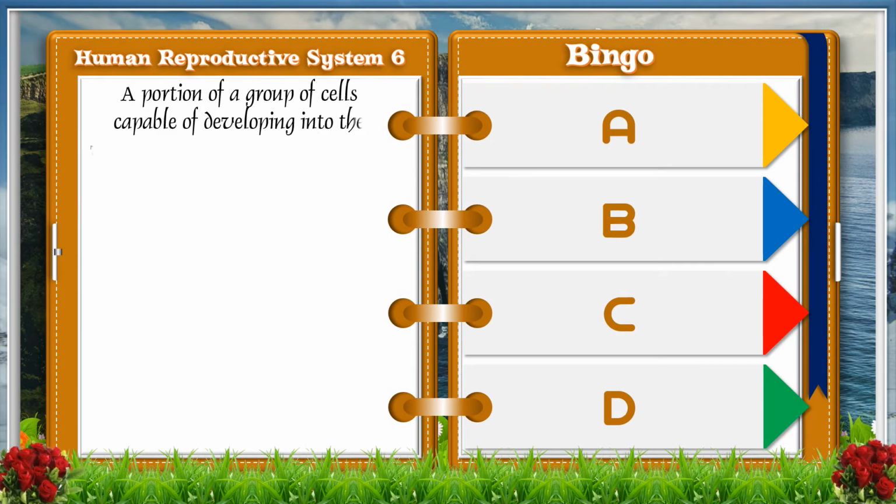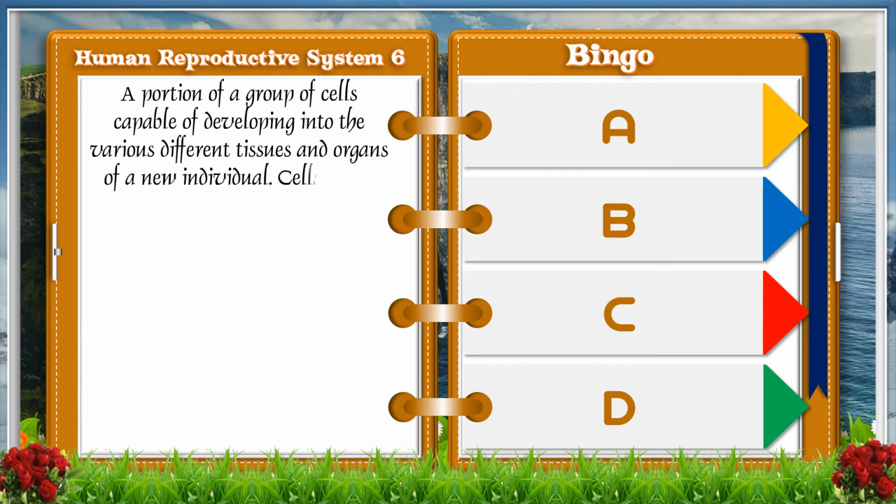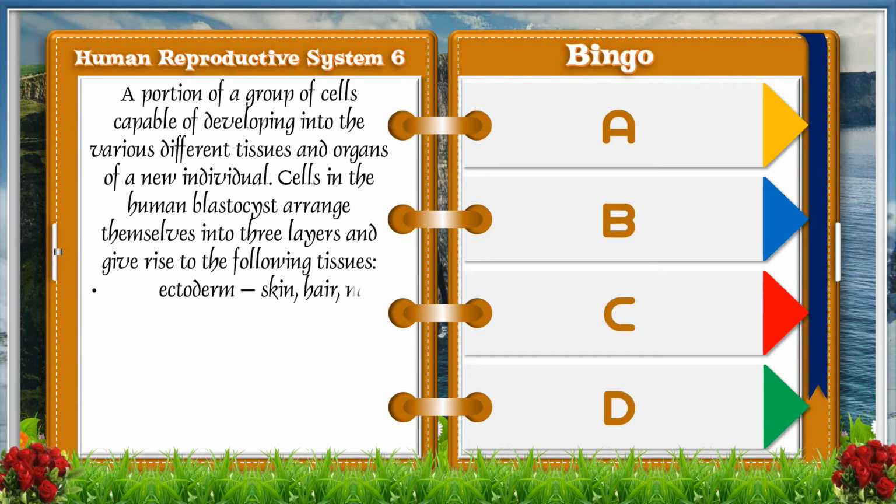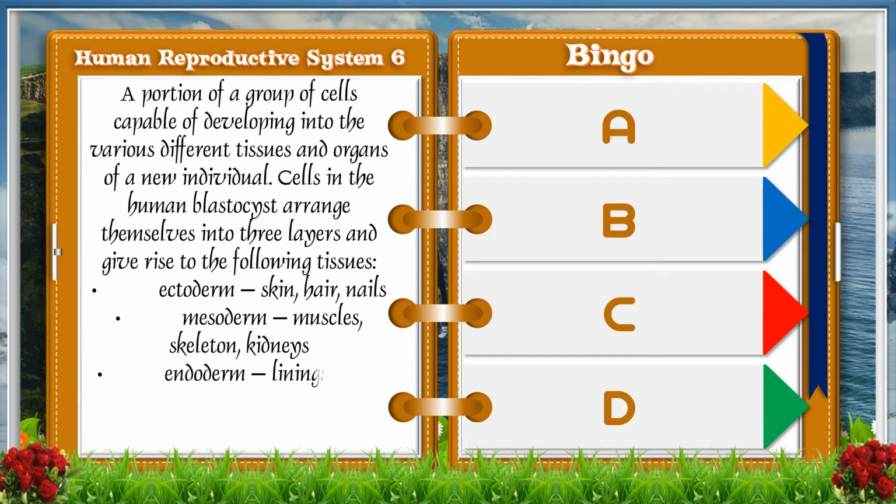A portion of the group of cells capable of developing into various different tissues and organs of a new individual. Cells in the human blastocyst arrange themselves in 3 layers and give rise to the following tissues. Ectoderm will give the skin, hair, nails, and the mesoderm will develop into the muscles, skeleton, kidneys.